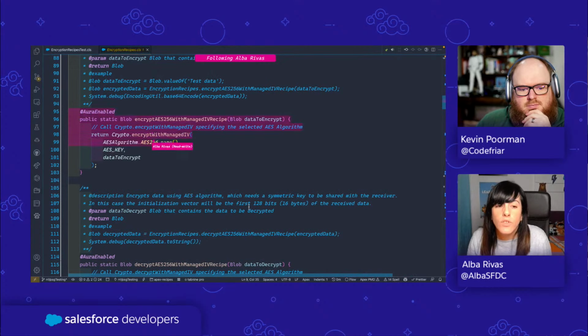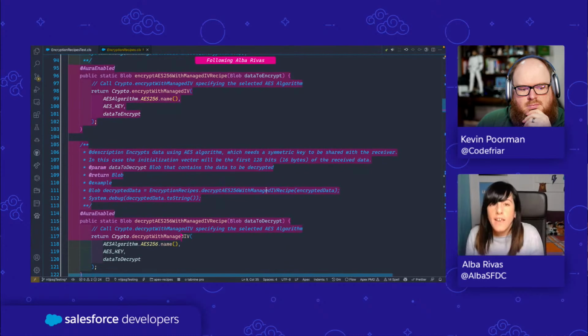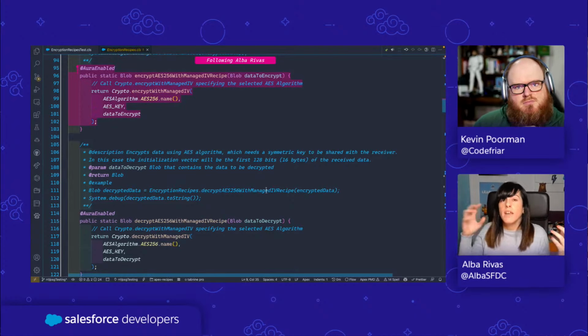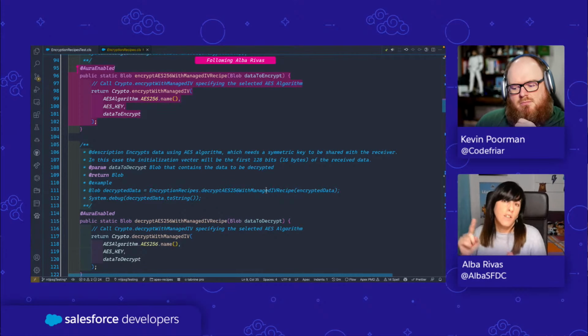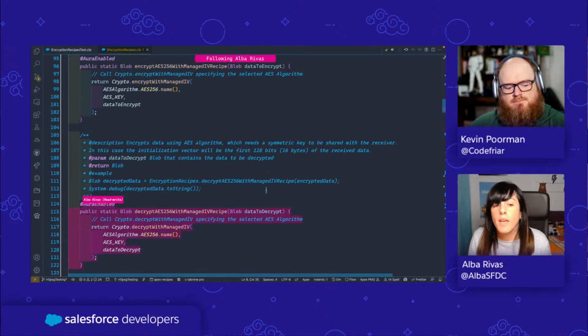Here we have the two methods in the same class, but obviously in a real use case, one of the methods is going to be normally in Salesforce, and the other method is going to be in the receiver. There are libraries written in Java, in Node, etc., that are going to let you implement these algorithms in other languages.